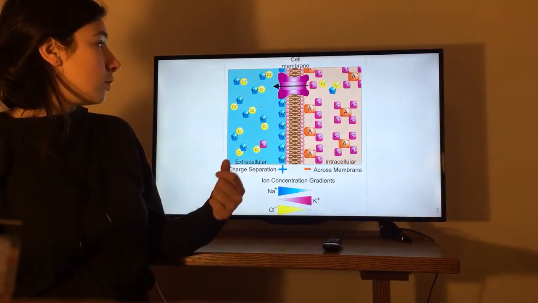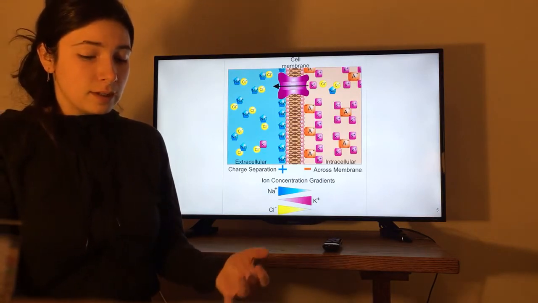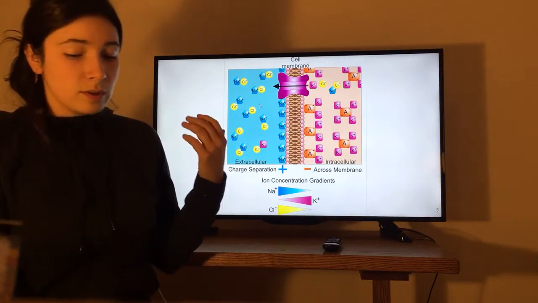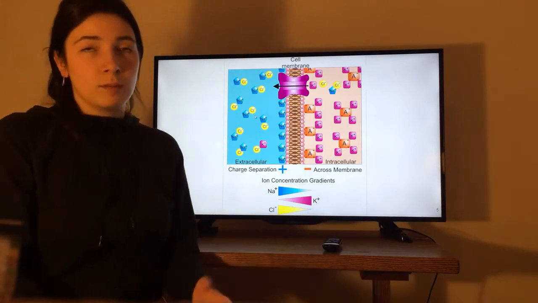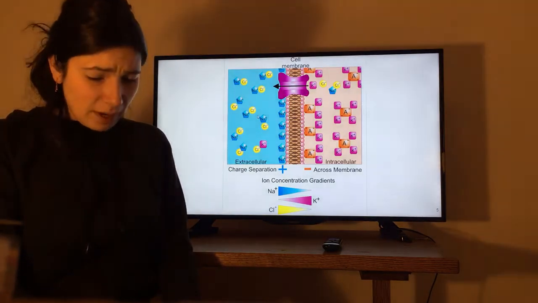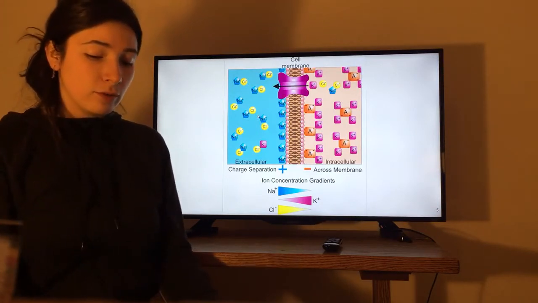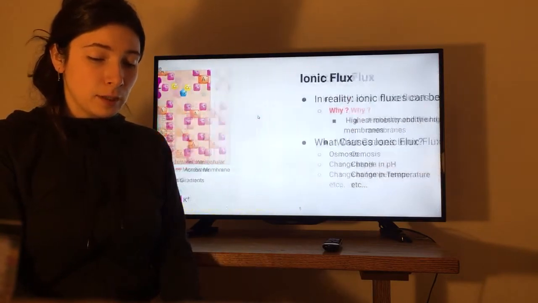So here's a picture of how they would cross through the cell membrane, and you will have plus and minus. In this case we are seeing potassium that is binding to something else, and then you have sodium and chloride that are also binding. And this means that when they're going through the cell membrane, we will have gradients of either sodium chloride or potassium in this case.